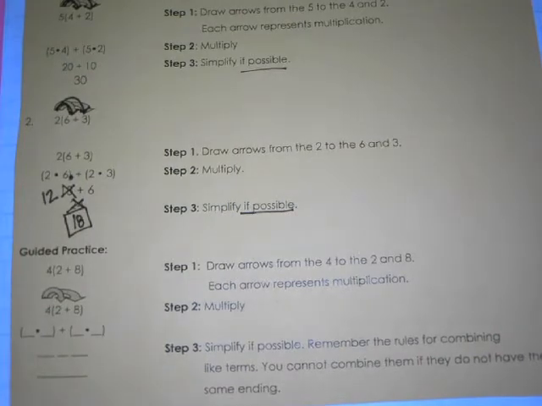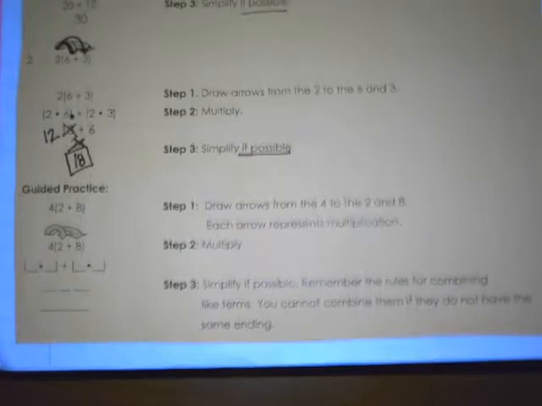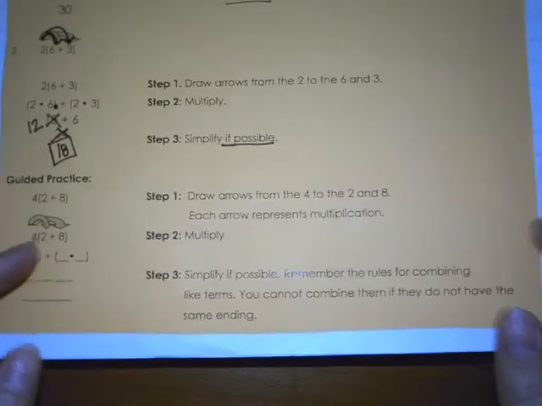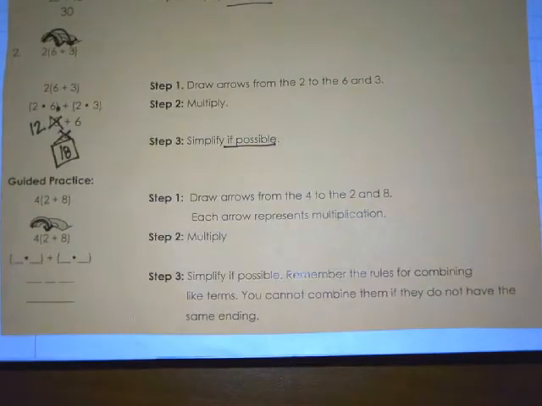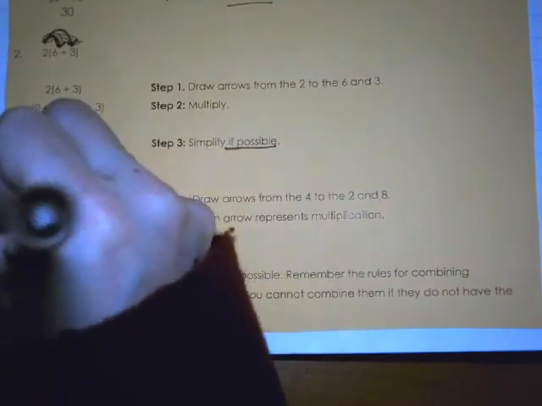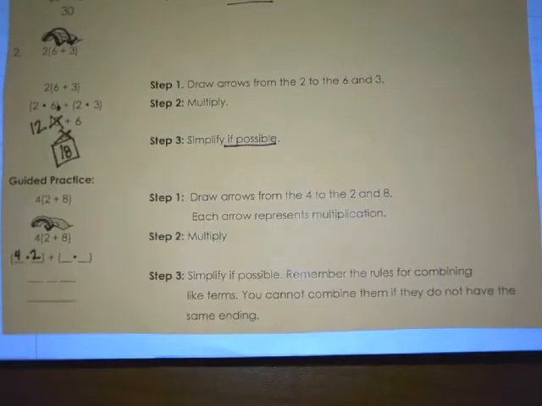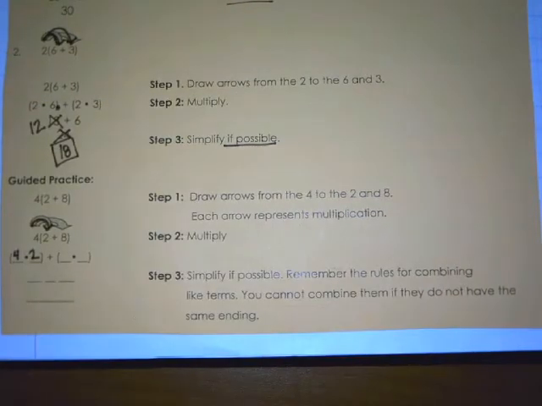All right, let's do one together. So step 1, remember we're drawing those arrows. So it's 4. And what am I doing with that 4? Multiplying it by what? So we write 4 times 2. That's the first thing that goes inside those parentheses.